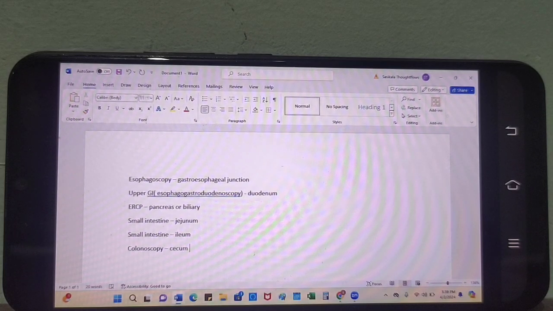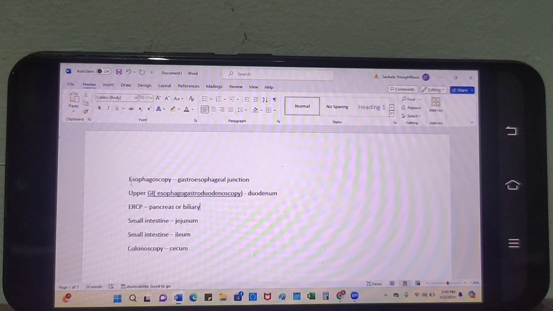For all of these scopies, we have a separate termination point. Every scopy must terminate at that particular point. For example, suppose the doctor inserts the esophagoscope through the mouth or nose.